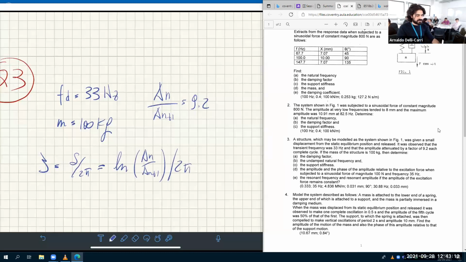This is provided that zeta is smaller than 1, which in this case it's not. It's 0.333, so that's up to you. Okay, so just find zeta using the larger equation. This is equal to 0.333.